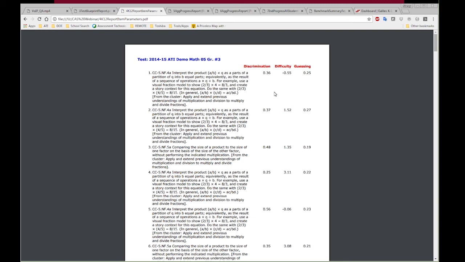Your state uses the same kind of psychometric analysis to get a scaled score. It's no longer all about whether they got it right or wrong. Now we're looking at other factors as well, so we can track growth and performance.